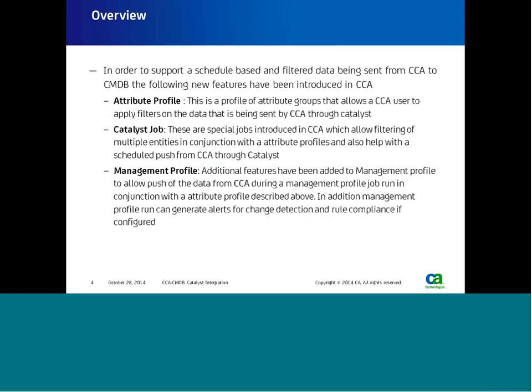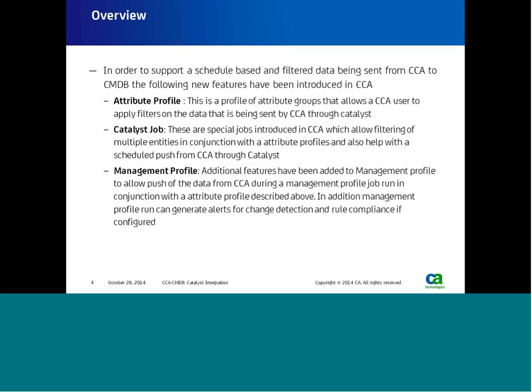So if I want to publish for a server, network details, network adapter details, storage details, hardware details, or communication relationships, configuration relationships, these are all controlled through an attribute profile with a checkbox.